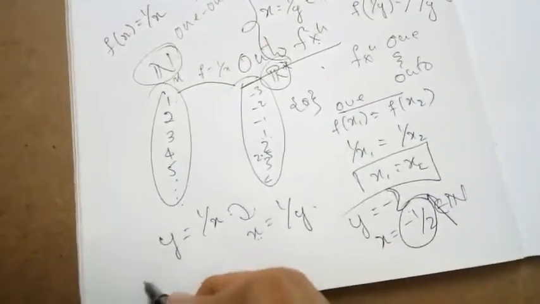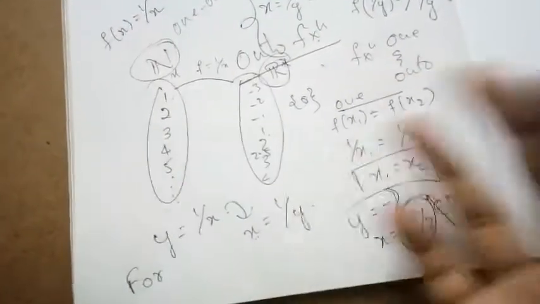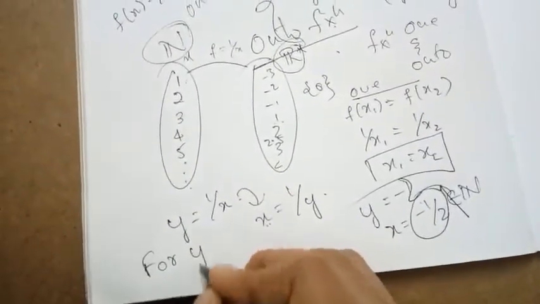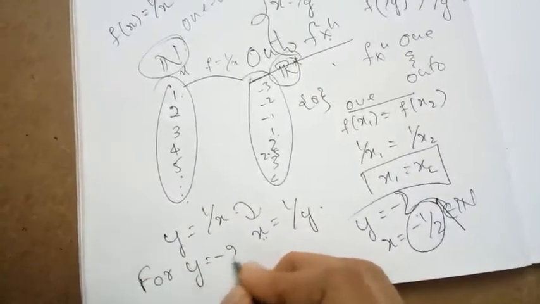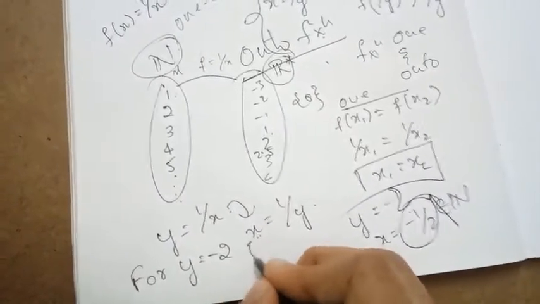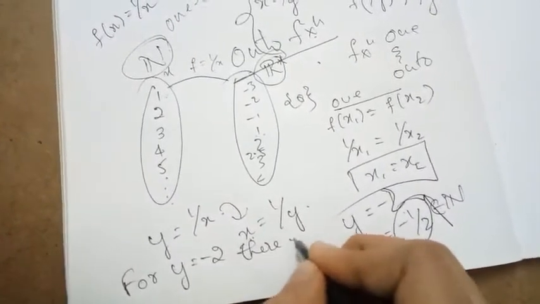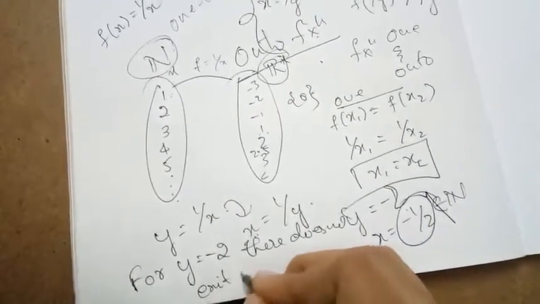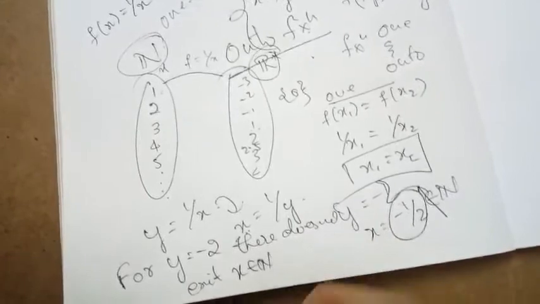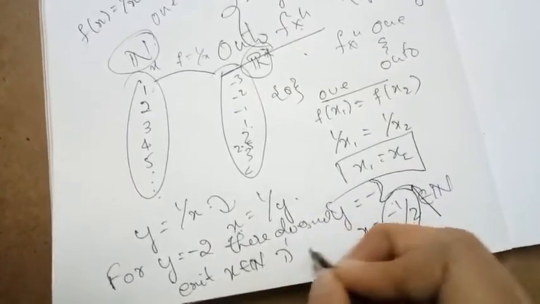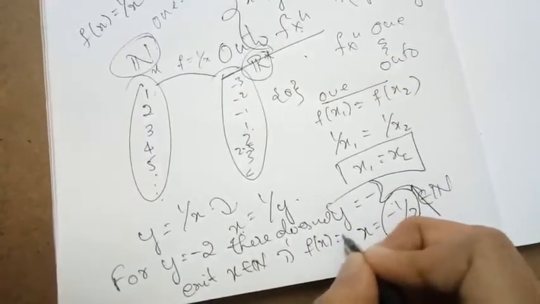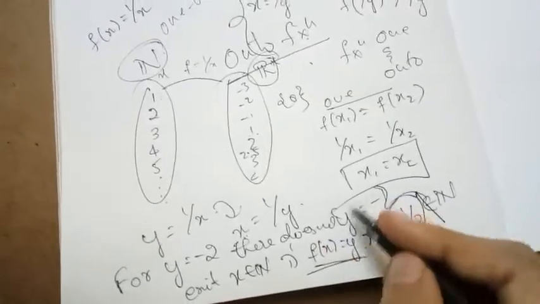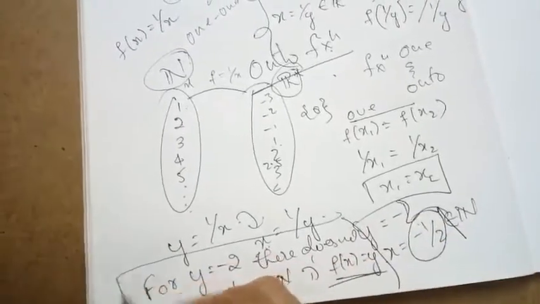So, if you write it as a verbal statement: for y is equal to -2, there does not exist x belonging to the set of natural numbers such that f of x is equal to y. If you write this much, then it is done.